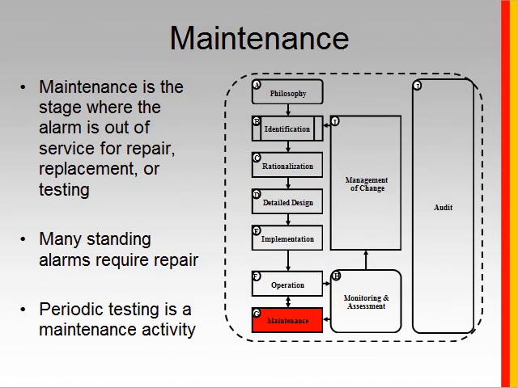And speaking of maintenance, that's the next stage of the life cycle. And this is where alarms are basically taken out of service for repair, replacement, and testing. Depending upon the importance of the alarm or the criticality of the alarm, you may find that this is a process that really requires rigor.